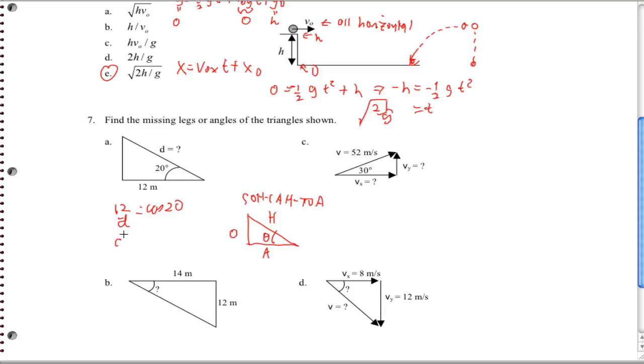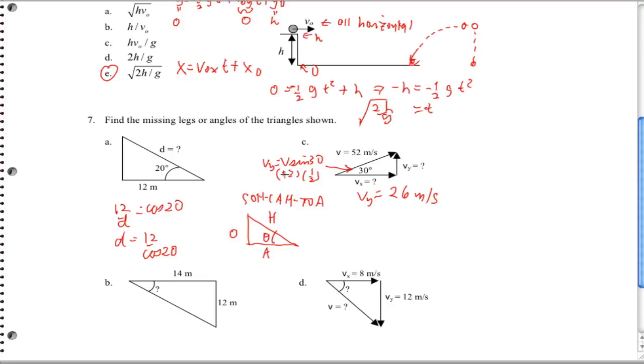So that means d is 12 divided by cosine of 20. I don't even know what that number is, and I'm not even going to bother to find it. Now Vy, I'm just going to tell you right now, is 26 meters per second. And the reason I know that, for you trig stud muffins out there, is that Vy is going to be V sine of 30, and that's 52 times a half.